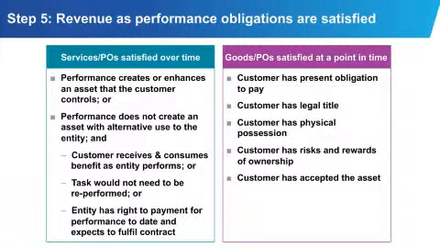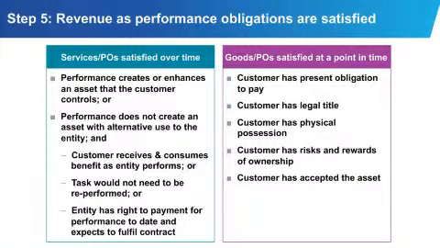Now, there are specific criteria which an entity is required to assess at contract inception in order to recognise revenue over time. For revenue to be recognised over time, either the performance creates or enhances an asset that the customer controls, for example, on-site improvements to customers' IT systems, or performance does not create an asset with alternative use to the entity, and at least one of the following conditions is met.